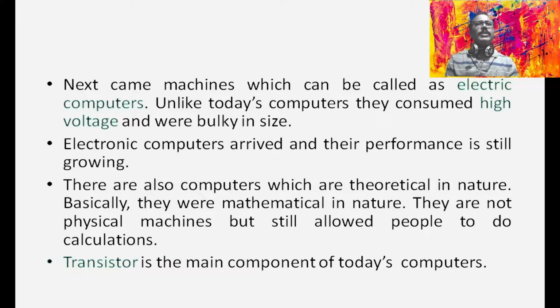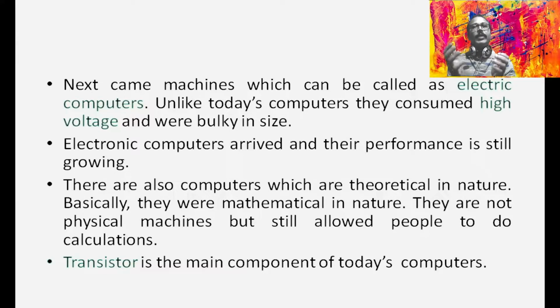There are also computers that are theoretical in nature. In fact, it started with theoretical computer science actually. They are not your physical computers. They are theoretical computers in the sense that you can imagine a tape and some symbols, and you can manipulate the symbols to achieve something.